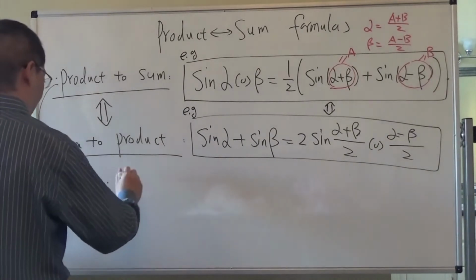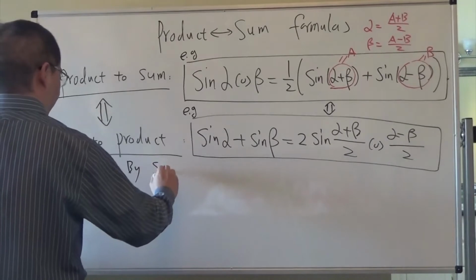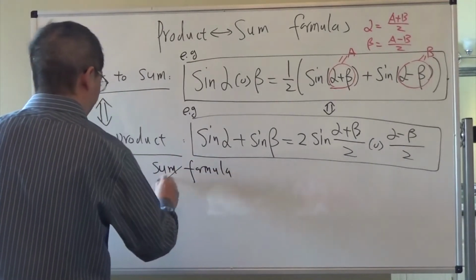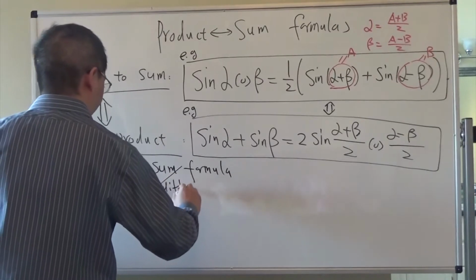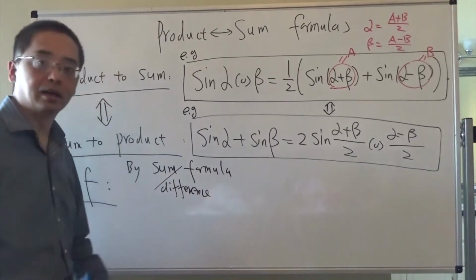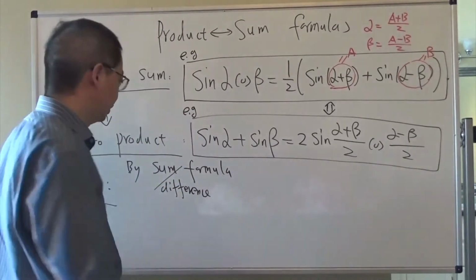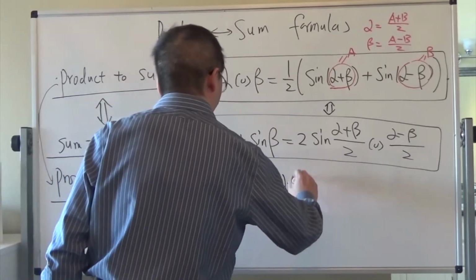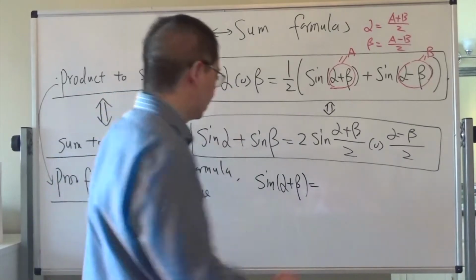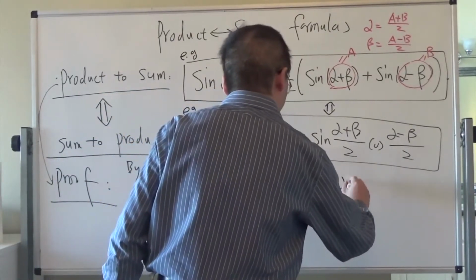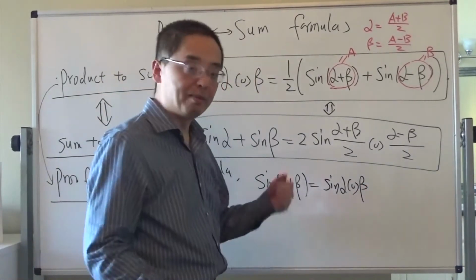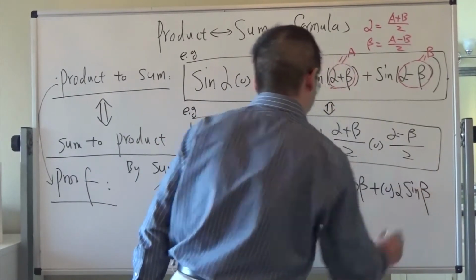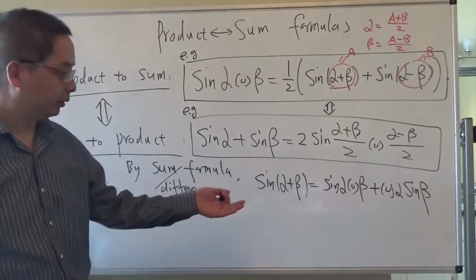Well, by the sum difference formula we talked about in the previous video, sine(alpha plus beta) equals sine alpha cosine beta, plus cosine alpha sine beta. So this is the sum formula for sine.